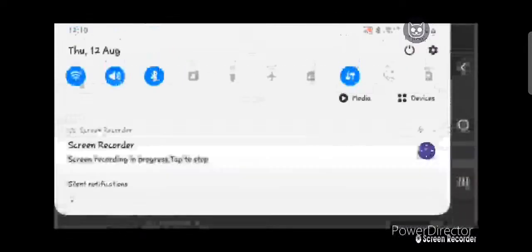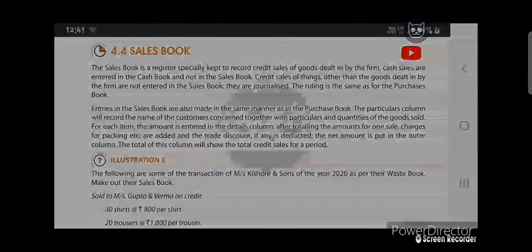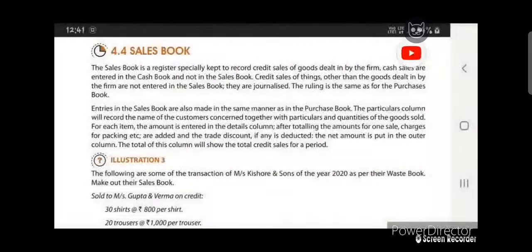Next, entries in the sales book are also made in the same manner as the purchase book. The way you make entries in the purchase book, in the same manner you make entries in the sales book.